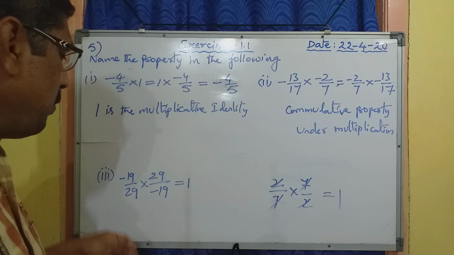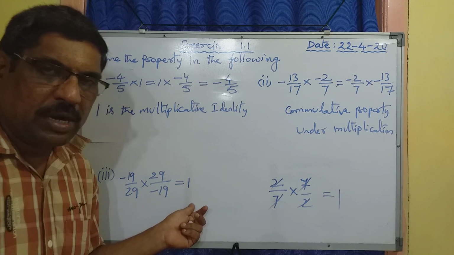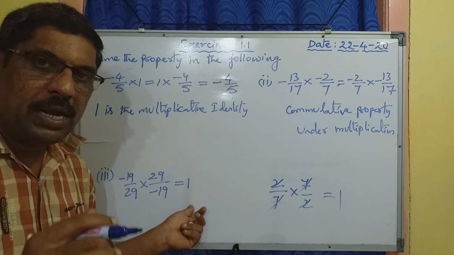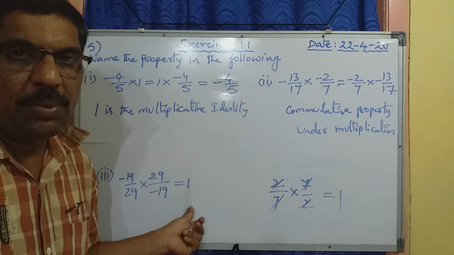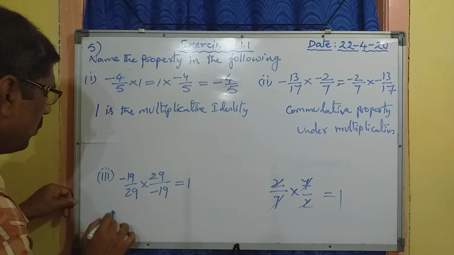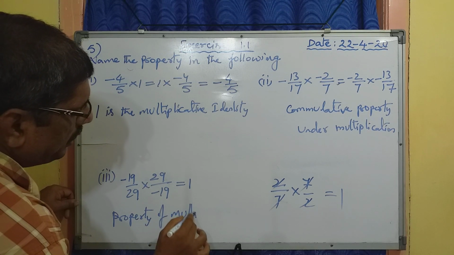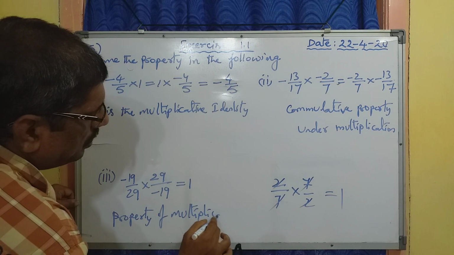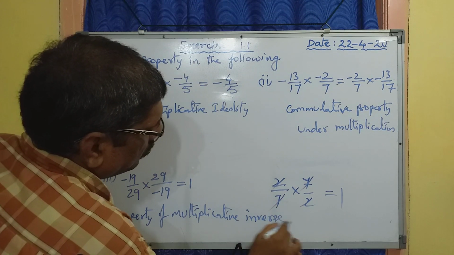So whenever you multiply a rational number with its reciprocal, you will get 1. 1 is the multiplicative identity. You will get multiplicative identity by multiplying a number with its reciprocal. That property is called multiplicative inverse. So property of multiplicative inverse. Okay.